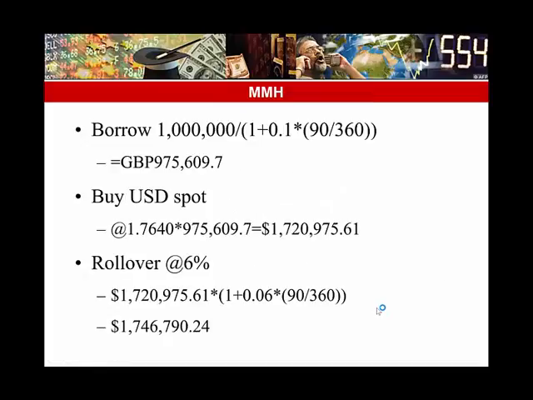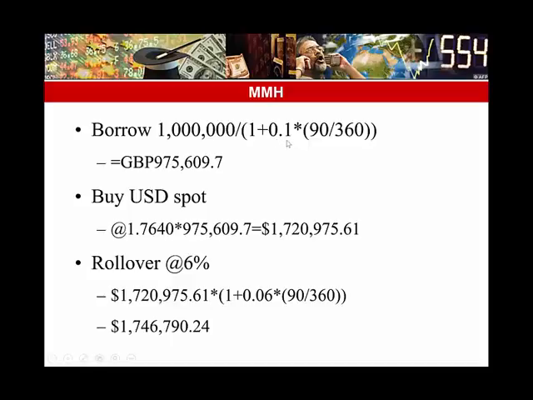So let's go through the process here. We are going to borrow the present value of 1 million pounds. To calculate the present value of the 1 million pounds, we are going to use 1 plus the interest rate. If you remember, we can borrow pounds at 10%, 0.1 corresponds to 10%. But this is the annual interest rate that we would incur. However, we are borrowing only for 3 months, or we could just consider this as 90 days. So we need to adjust the interest rate into this 3-month period.